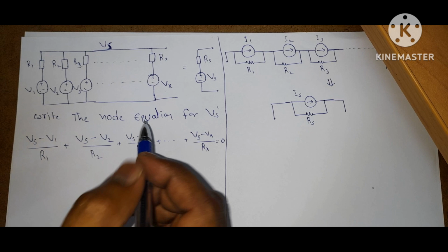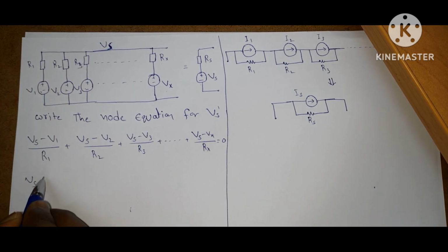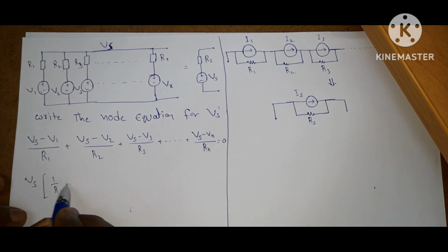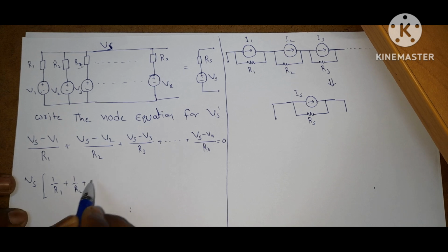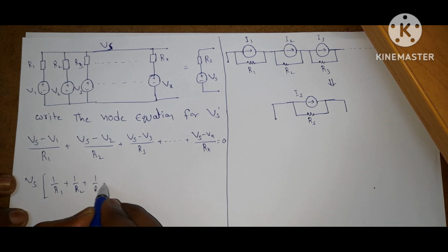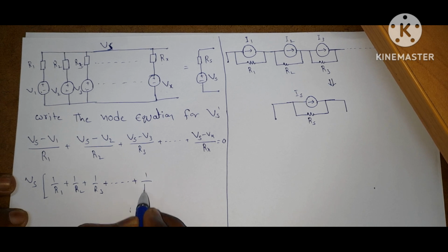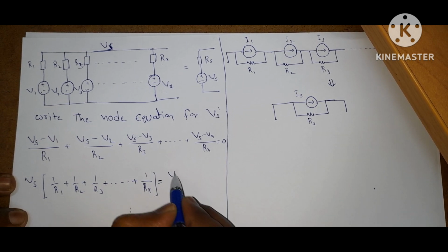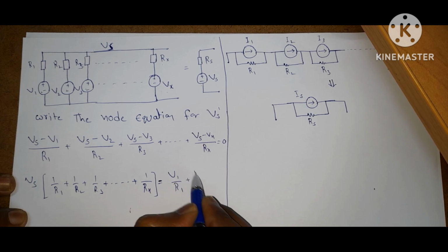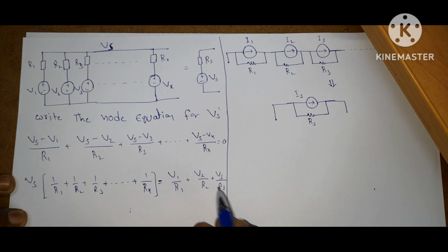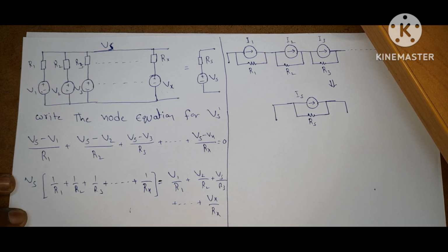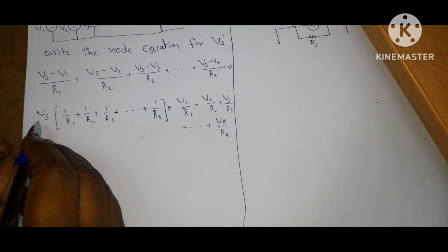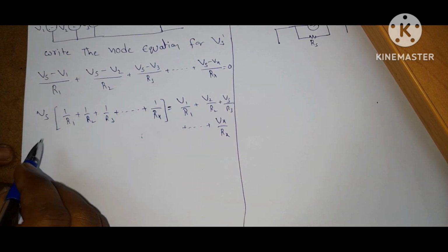From this, take common Vs, you will get 1 by R1 plus 1 by R2 plus 1 by R3 plus and so on plus 1 by Rx is equal to V1 by R1 plus V2 by R2 plus V3 by R3 plus and so on plus Vx by Rx. Now we want Vs, so send this entire term to this side.